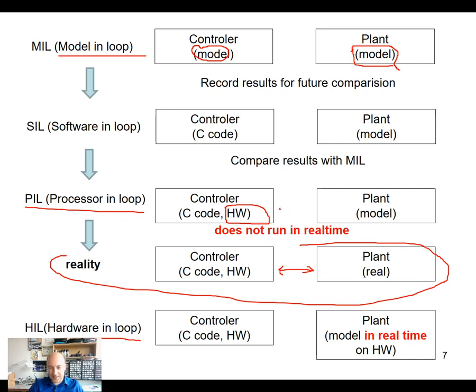Now if you are at this stage, it does not have to be real signals. At this stage we will have the same signals because it's the same plant. But as this plant runs in a model, we may exchange the data also through USB or through Ethernet or through some serial connection.